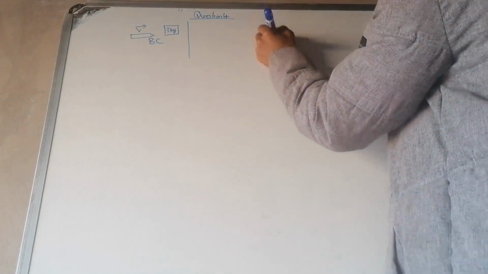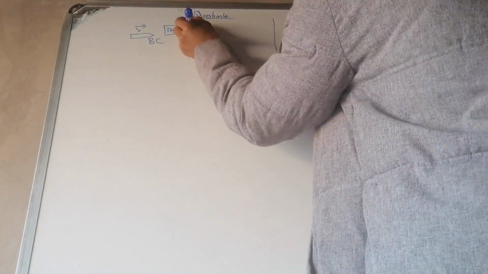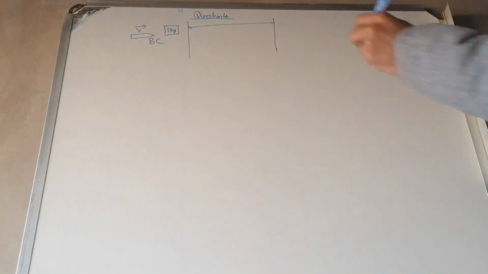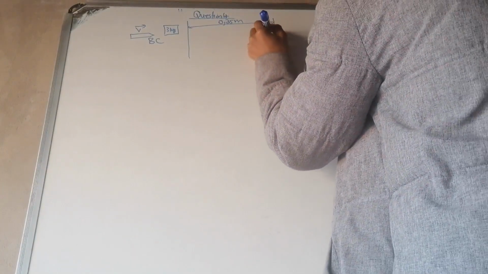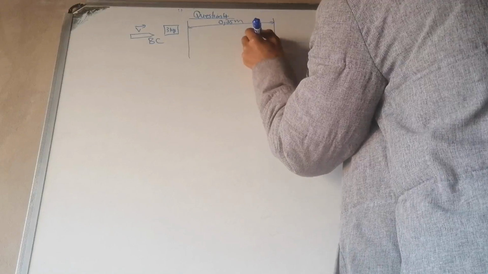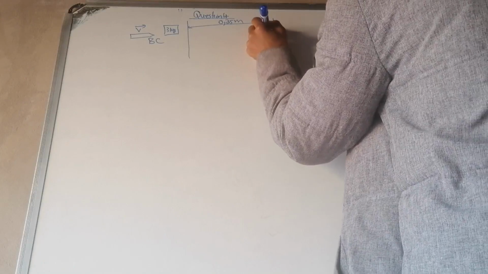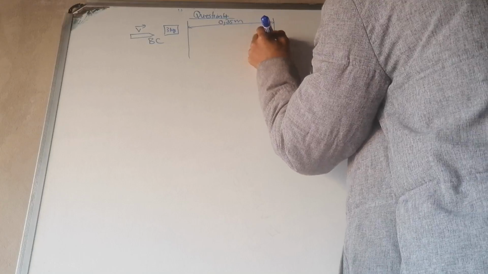And then what happens after the collision? We are given that the bullet and the block together accelerate for a distance of 0.25 meters. The bullet and the block are now as one. This is a block and the bullet.